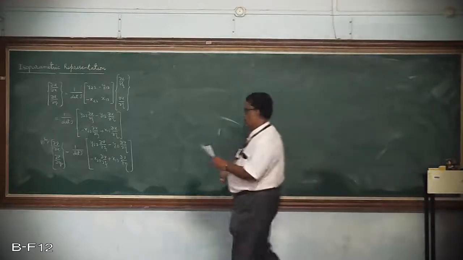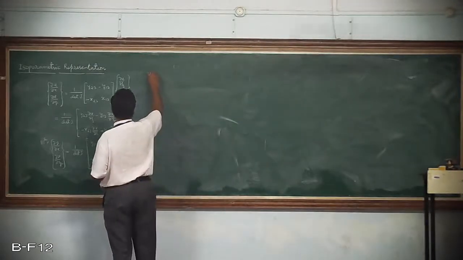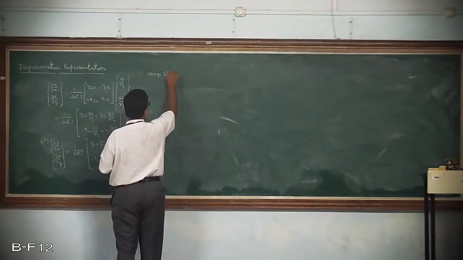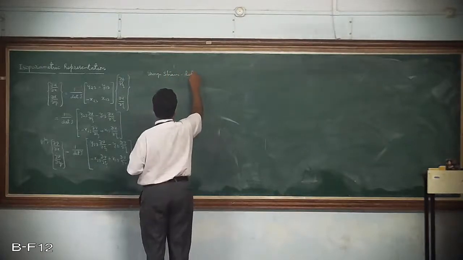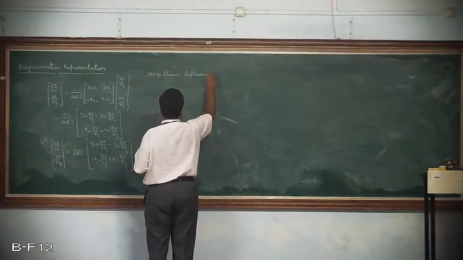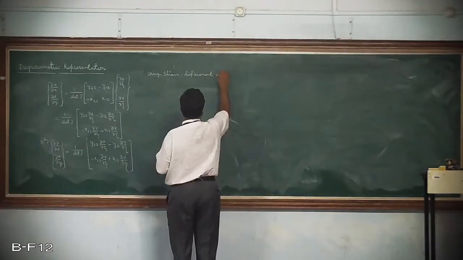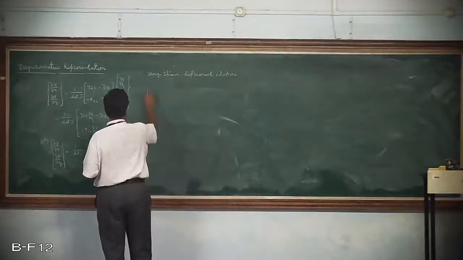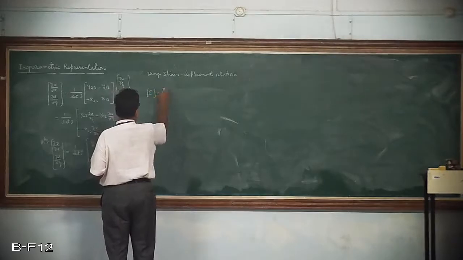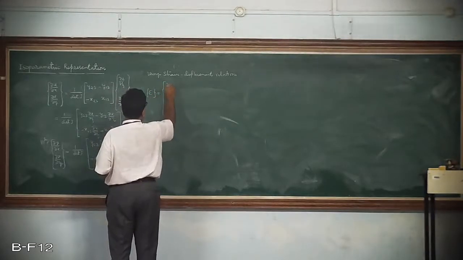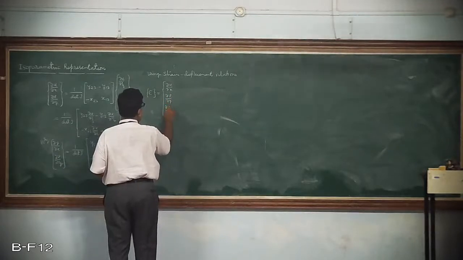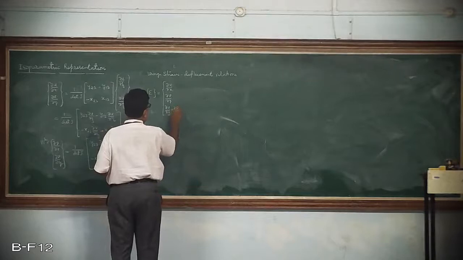So using the strain displacement relations, which we already know, epsilon strain is given by dou u by dou x, dou v by dou y, dou u by dou y plus dou v by dou x.